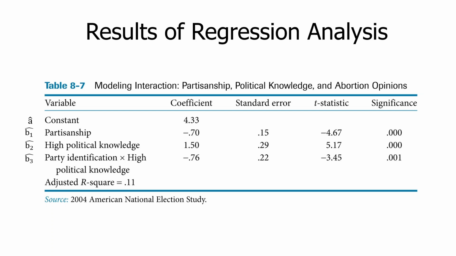A common mistake in modeling interactions is forgetting to put in the base effect of the interaction variable, the one that you think is causing the interaction. The base effect here is 1.5. This is going to be the amount that we add to low information Democrats. Why? Well, low information Democrats get 4.3.